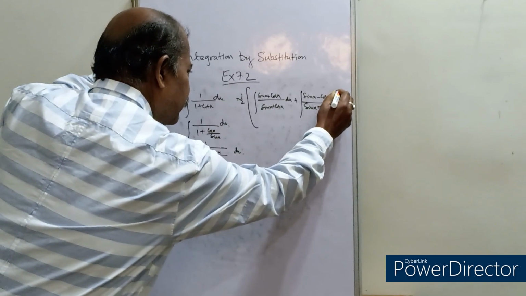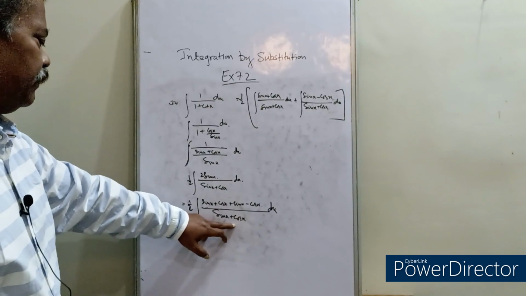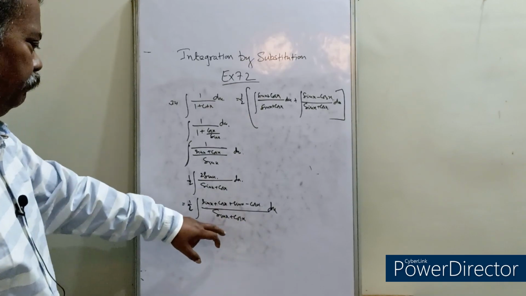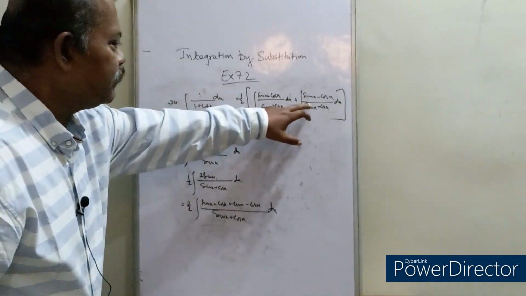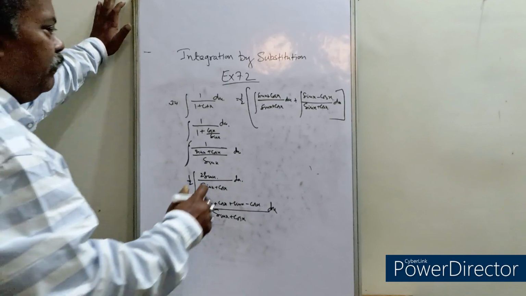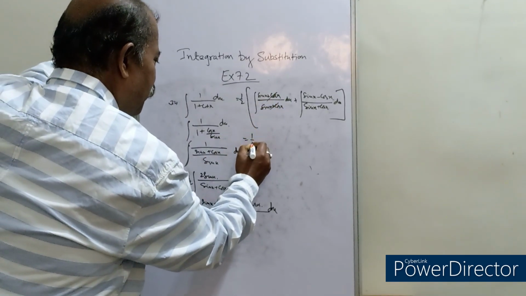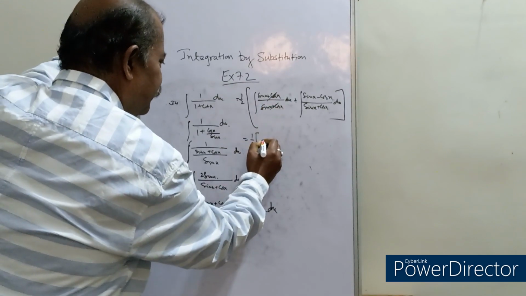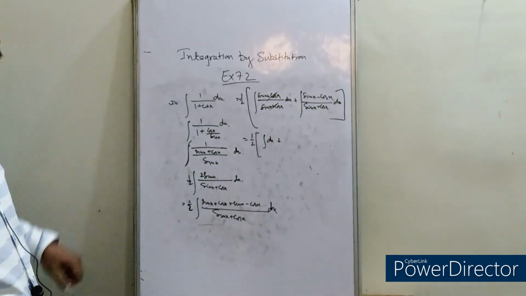I have made 2 parts, I have adjusted like this. So this and this cancel out, so this will become 1 by 2 and this is only dx, and this part remains.